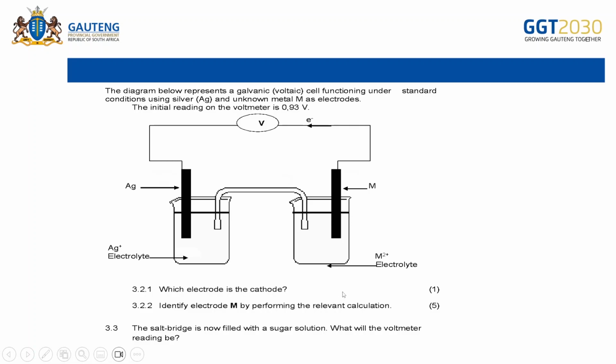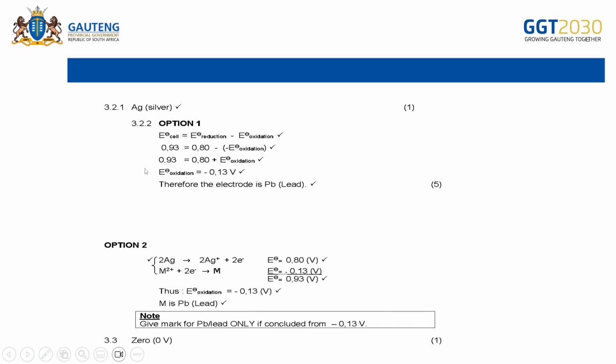Next question, 3.22. Identify electrode M by performing relevant calculation. Here, grade 12, we make use of what is called the standard reduction potential table. So we need to find M. You go to your formula.